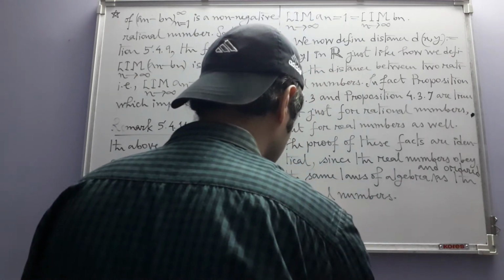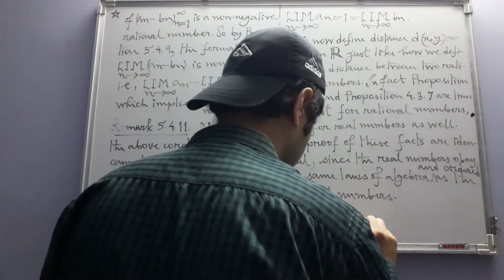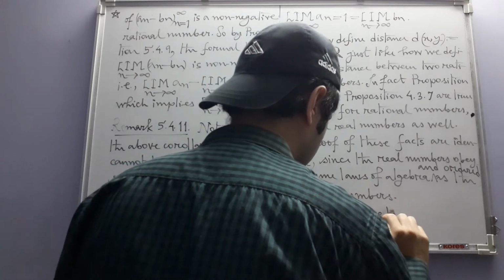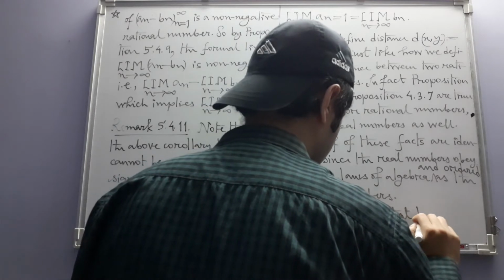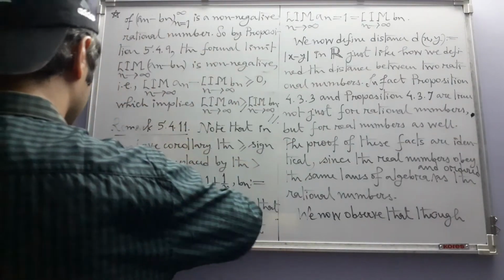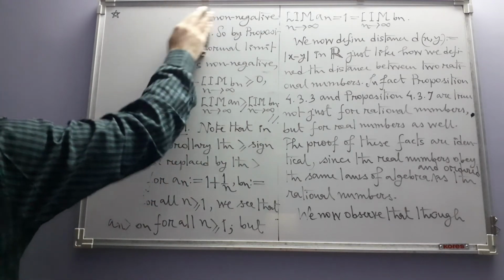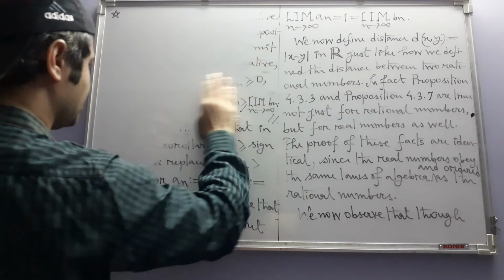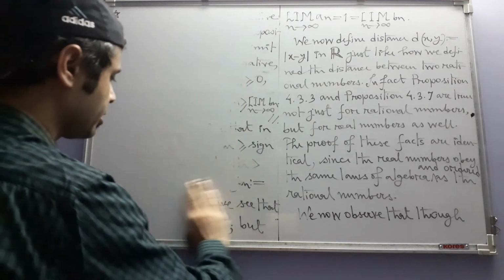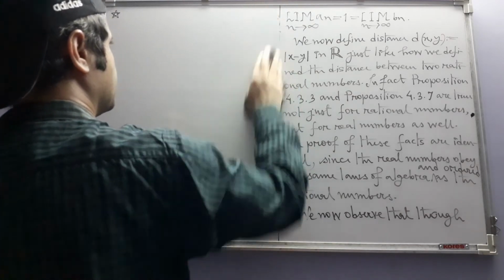We now observe that though positive real numbers can be arbitrarily large or arbitrarily small, they are restricted also in some sense by rational numbers and positive integers.